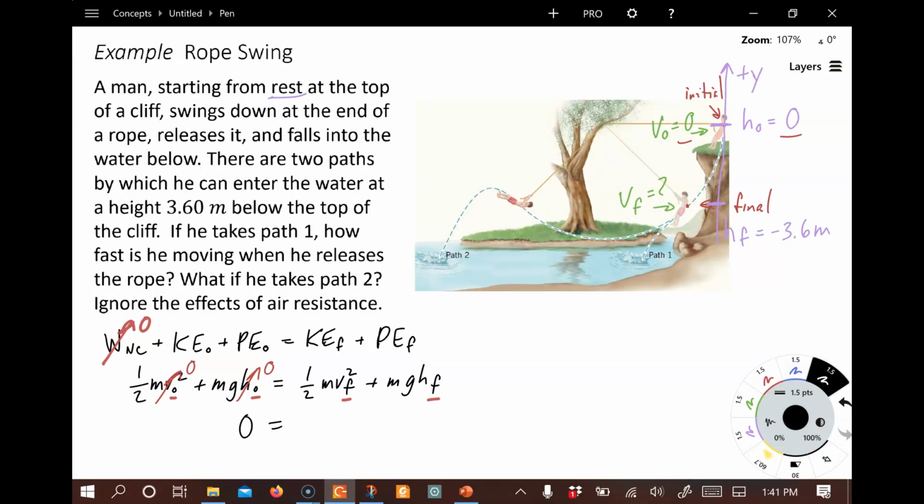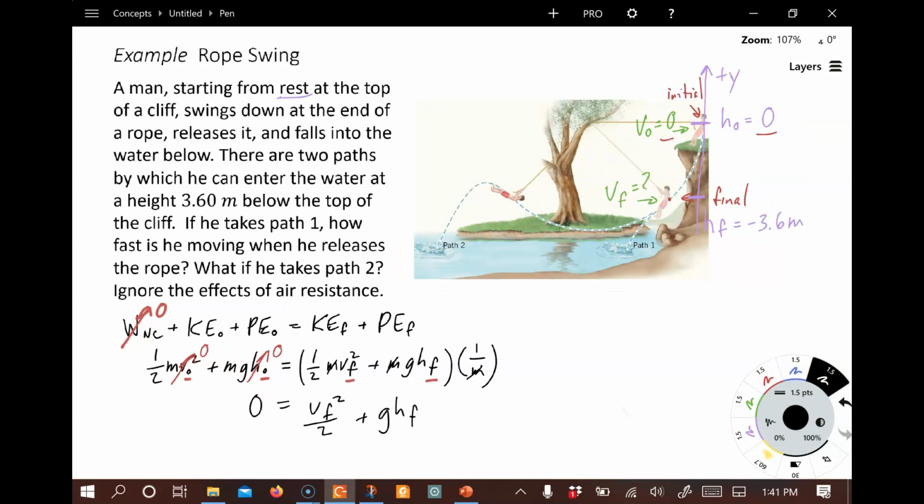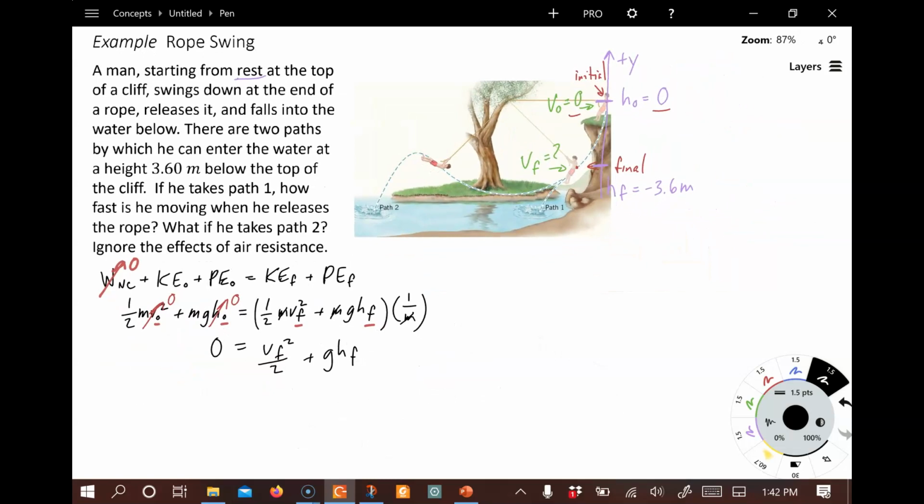What do we have on the other side? Well, I can divide by the mass because both terms have mass. So let's multiply by 1 over the mass. We can cancel those out. Then we get v final squared over 2 plus g h final. And if we go ahead and do a little bit more math there to solve for v final, well, v final squared over 2 is going to be equal to negative g h final, right?